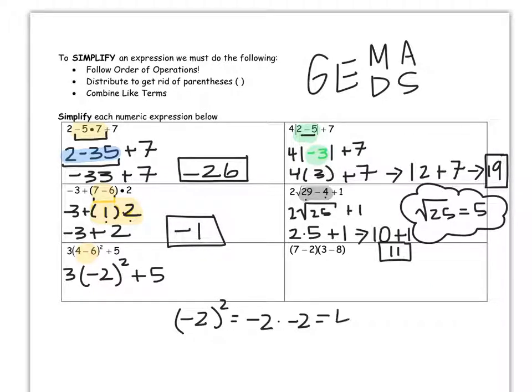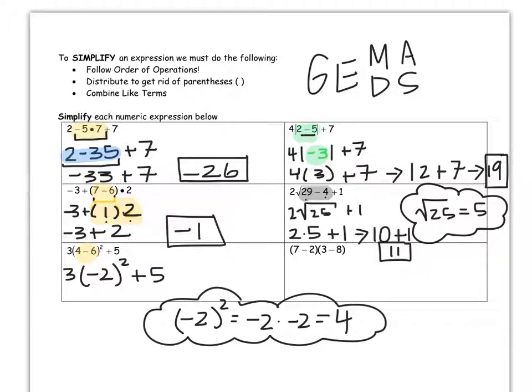And that is positive 4. So I'm going to change this underneath here to 3 stays the same. Negative 2 squared is positive 4. And then plus 5. 3 times 4, now I'm doing multiplication, that's 12 plus 5. So my final answer is 17.